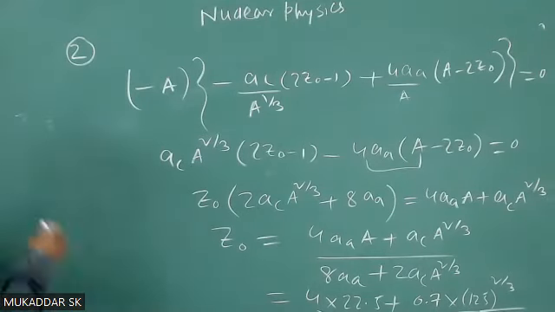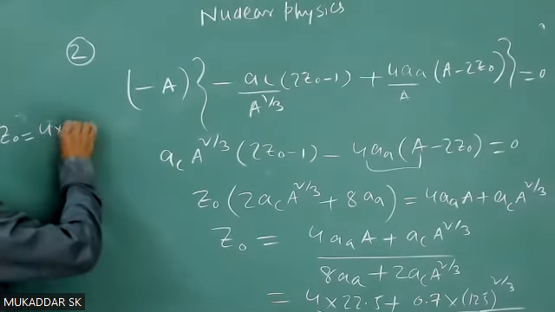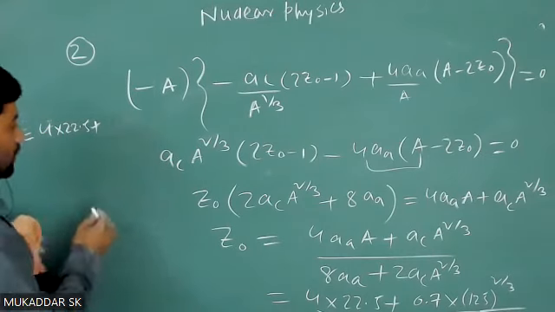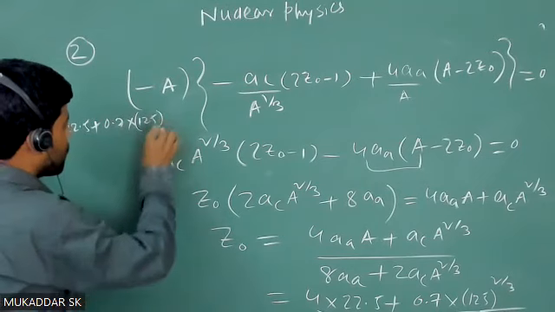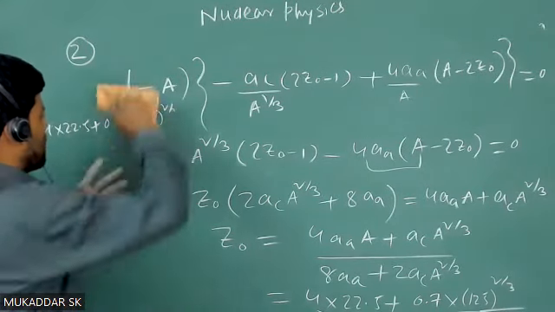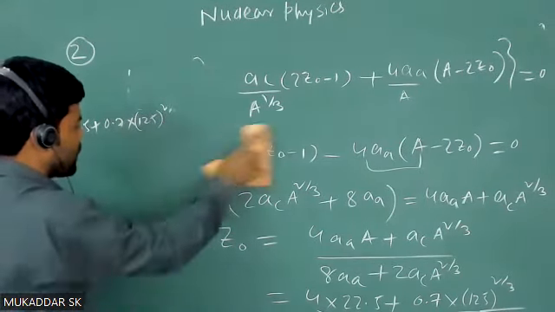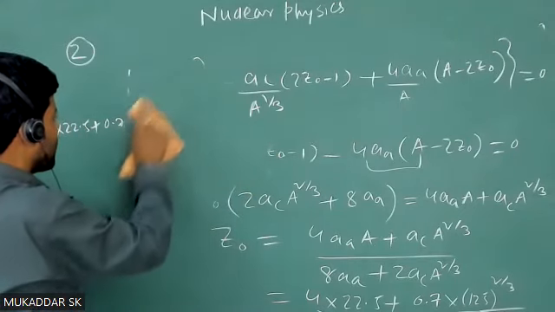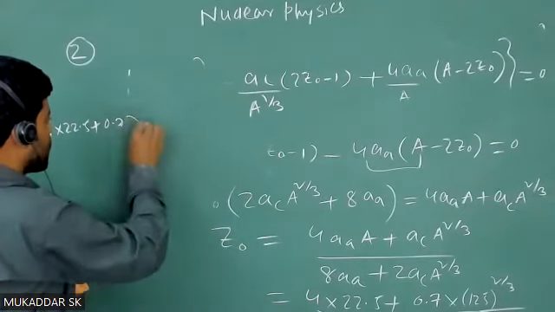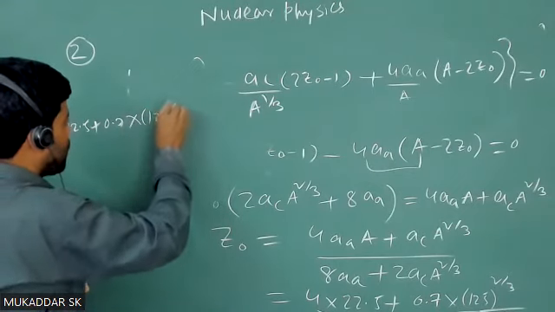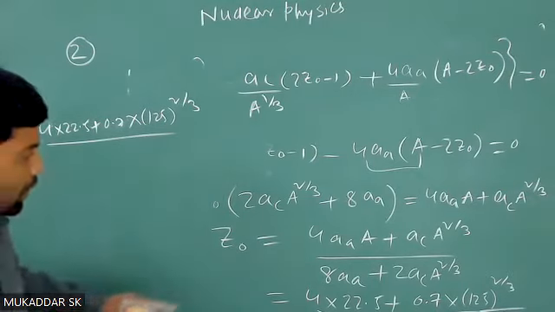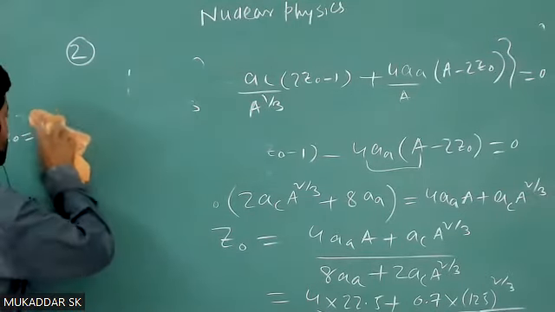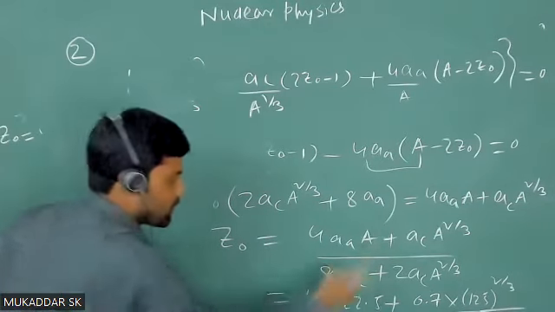So I'm writing for all students. So it is like you have 4 into 22.5. Then A_C 0.7 into 125 to the power 2/3, right? What is the value of A given? 125. Exactly. First term, 125 to the power 2/3. Yes, very good. There's a 125 here also, because this contains the mass number.